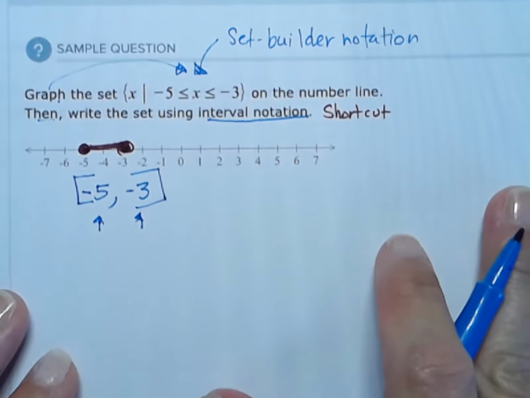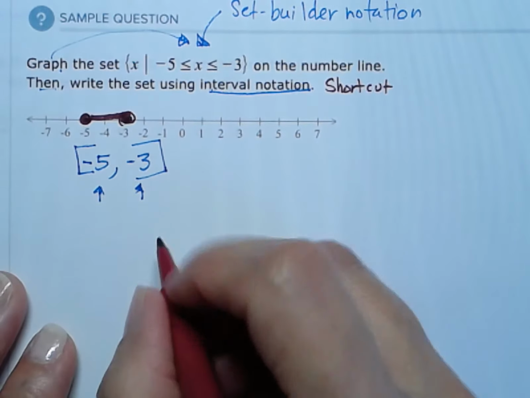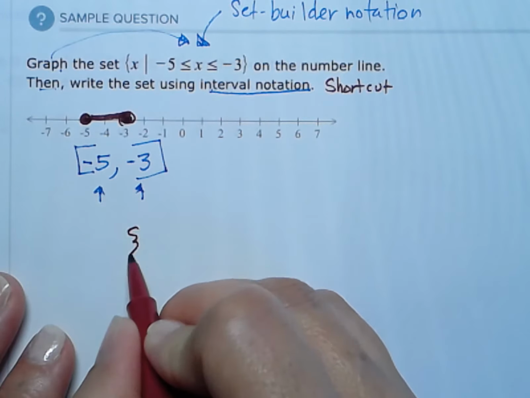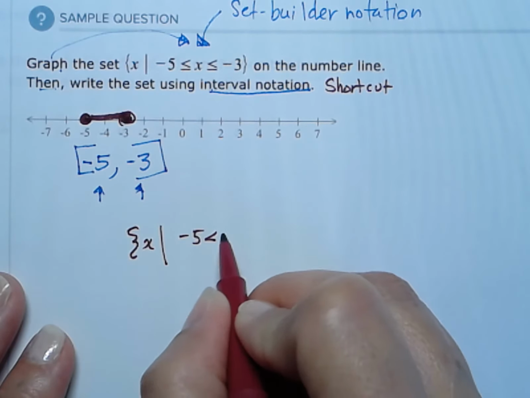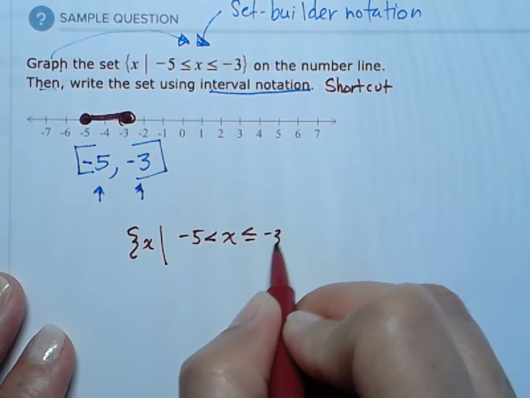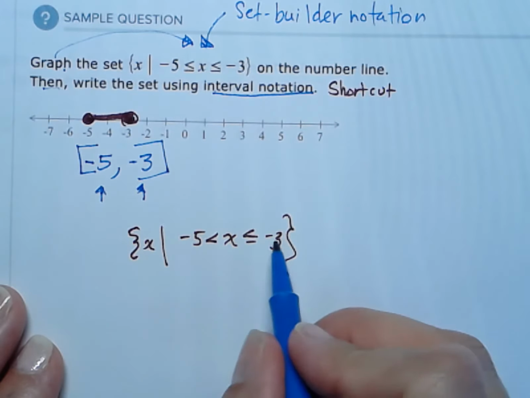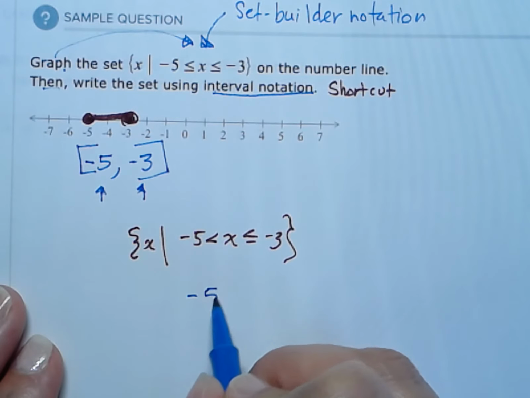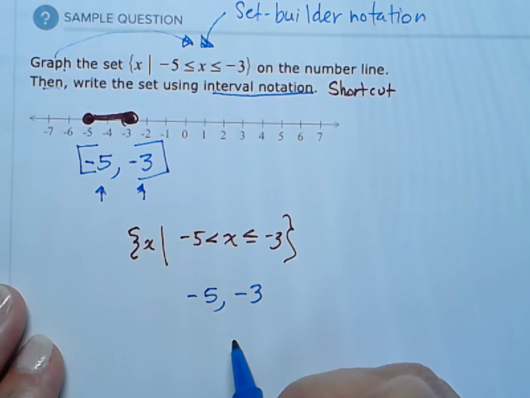Okay? Now, let me change that up just a little bit. Suppose that my set notation was the set containing X such that -5 is less than X and X is less than or equal to -3. So I have not changed my bounds. My lower bound is -5 and my upper bound is -3.